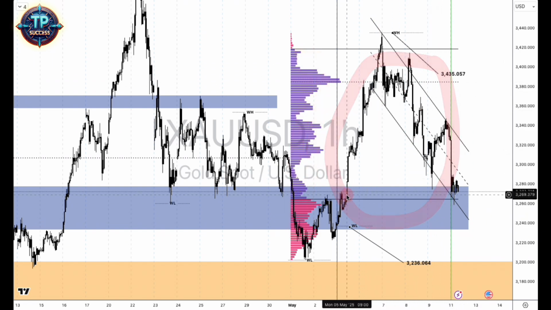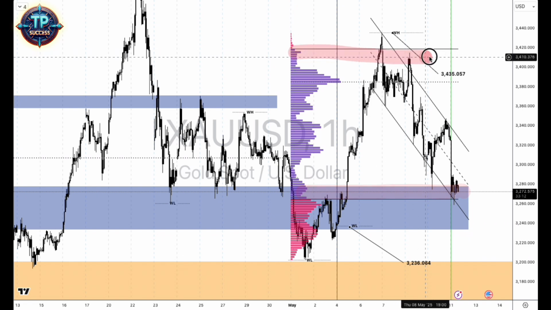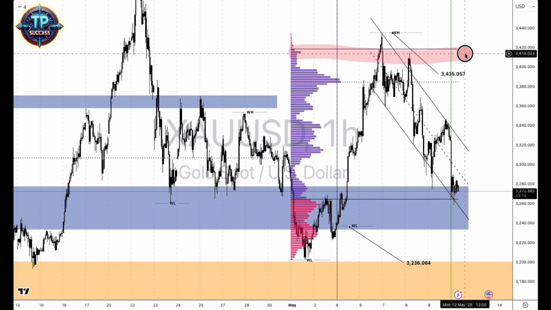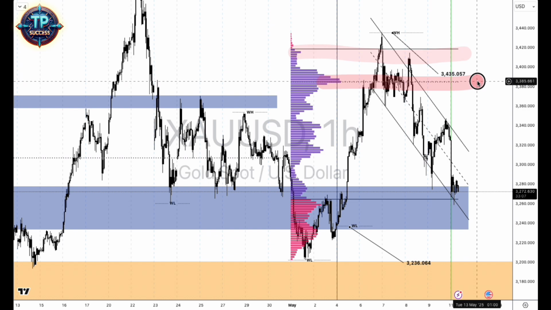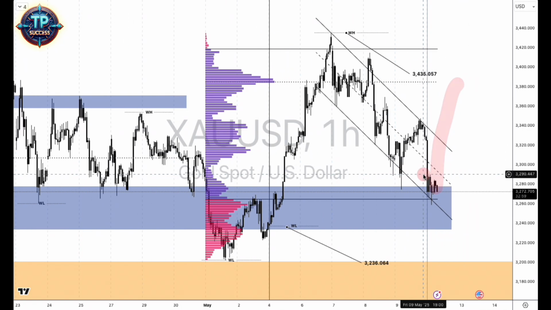Now the rule of thumb is this: you want to be looking for your buys down here and you want to be looking for your sells up here, right? Because this is the point of control. It's all the way down here. So because of where price is, there is a chance it's going to want to come all the way back up to the point of control, right?